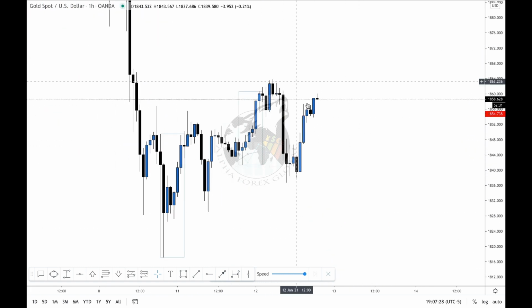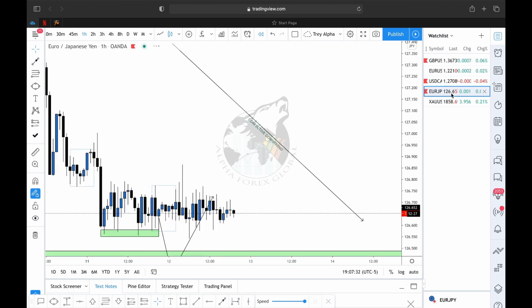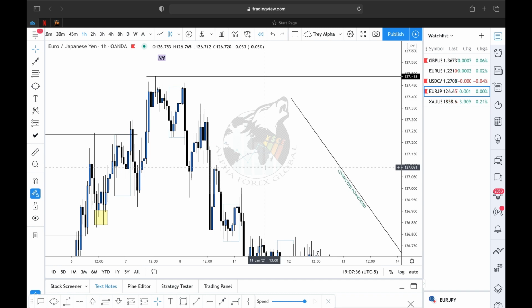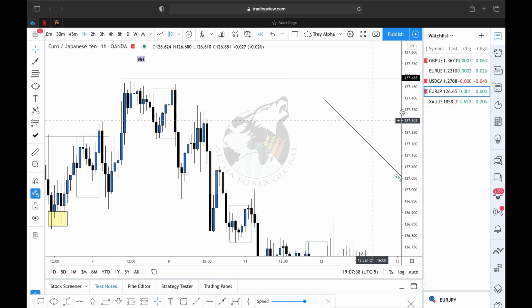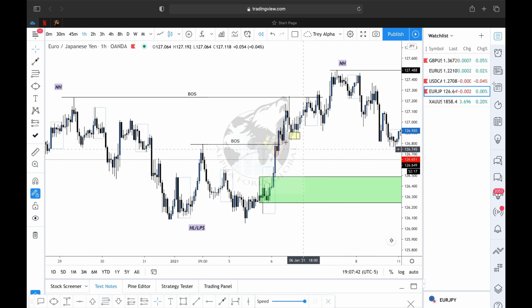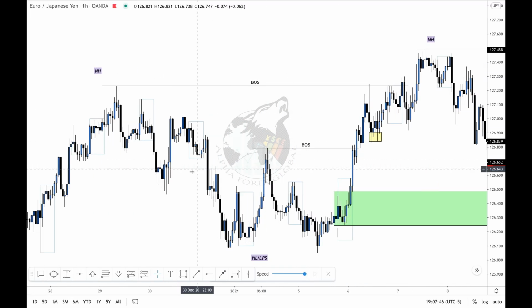There's a ton of examples that I can show you, but we'll do more of that in our chart breakdowns. So that's basically it for inefficiency, a very short topic.